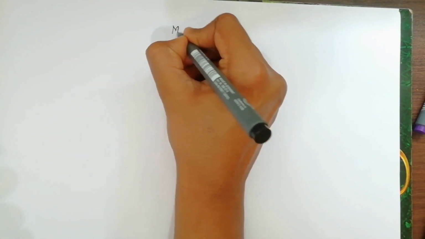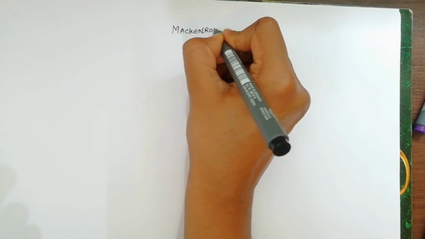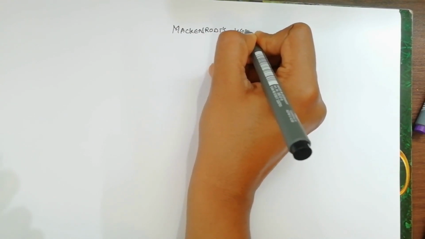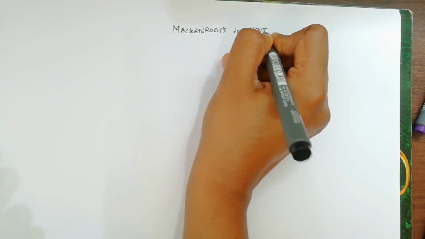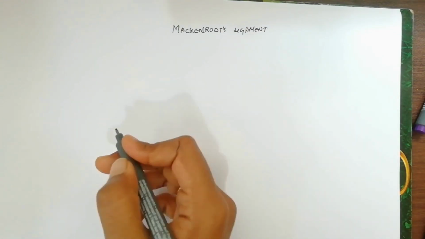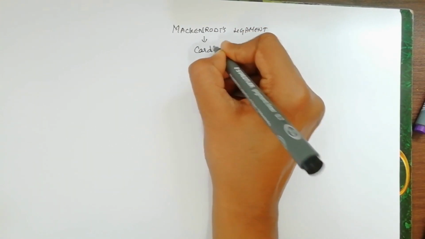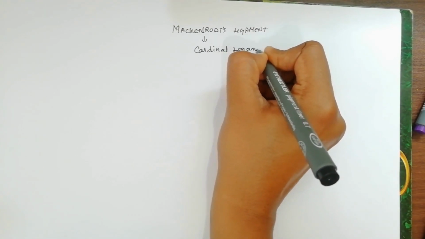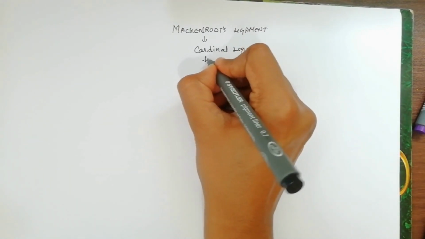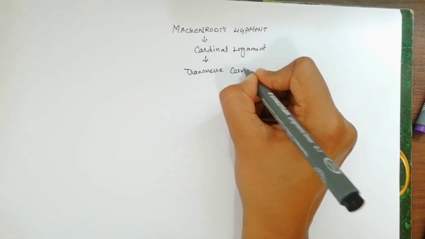The next ligament we are going to see is Mackenrodt's ligament. About Mackenrodt's ligament we are going to deal now. This ligament is otherwise known as the cardinal ligament, or else it is otherwise called the transverse cervical ligament.